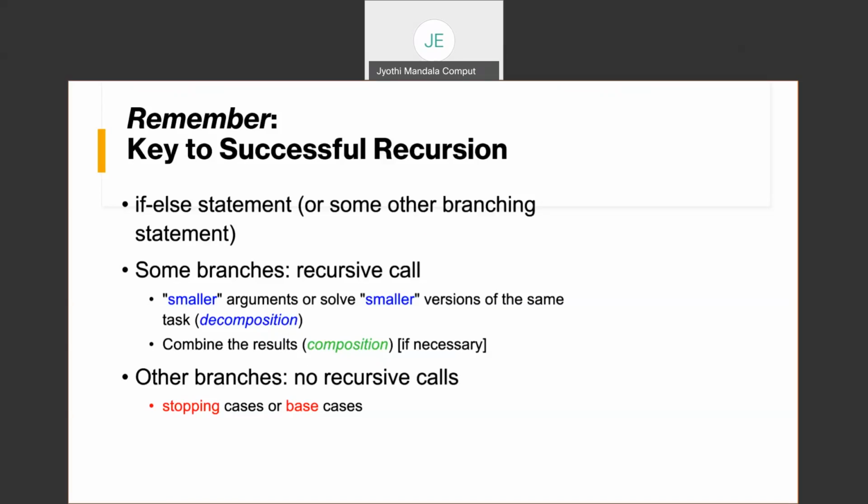So you divide your larger problems into smaller compositions, and then you always need a stopping condition to terminate. If you don't have a stopping case, the function will keep calling itself repeatedly. Got it? So all of you, make a note of these 3 things.